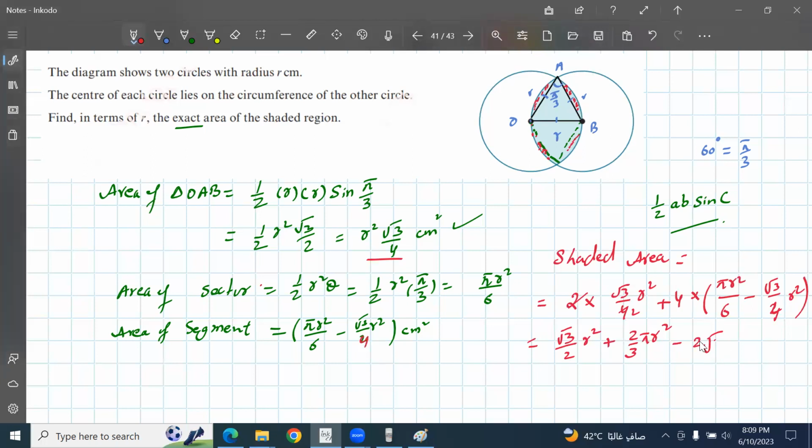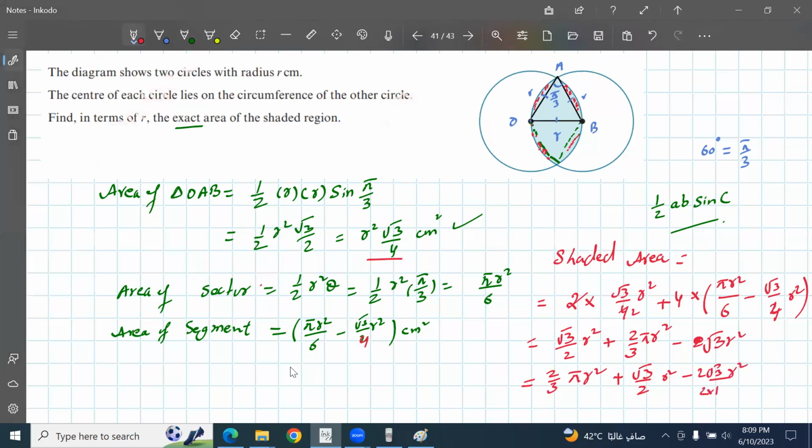So this can be square root of 3 r squared. And we can simplify first and last: 2 over 3 pi r squared, square root of 3 over 2 r squared minus square root of 3 over 1. So multiply by 2, multiply by 2.